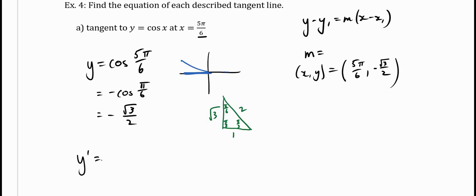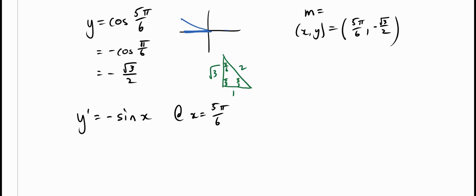So y prime, the derivative of cosine is negative sine. And then at x equals 5 pi over 6, it's going to be negative sine of 5 pi over 6.